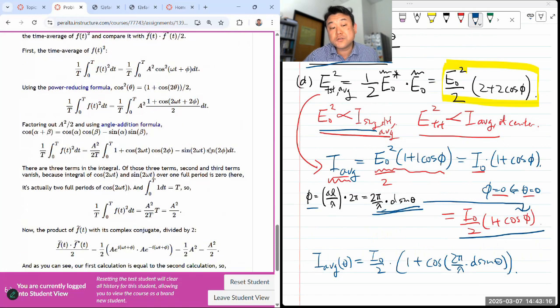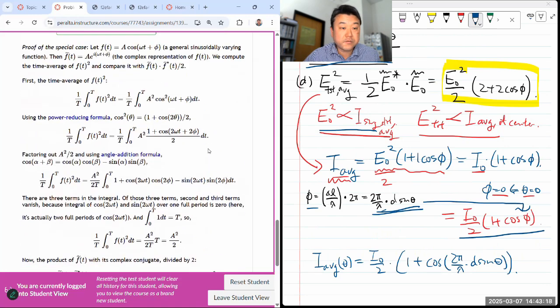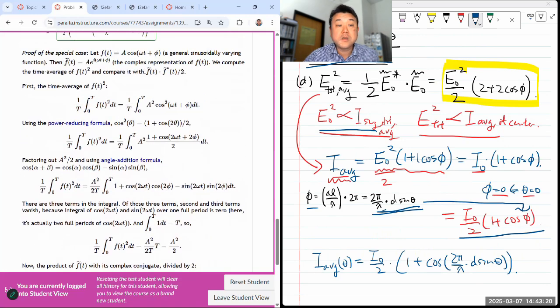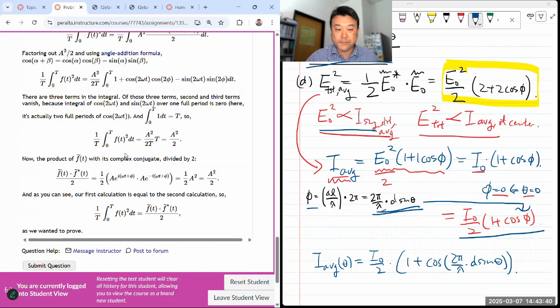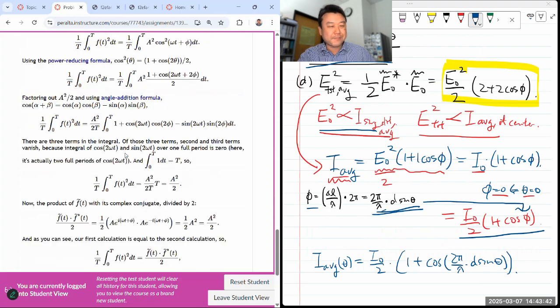If you are interested, you can read through this one-page proof also. It's a proof that really only applies when you have an oscillatory function of known omega as a function of time. That allows you to write the complex version this way, and that leads, in the end, to the cancellation of some of the factors. You can follow the proof if you want, but since that's not part of the problem, let me not do it right now.